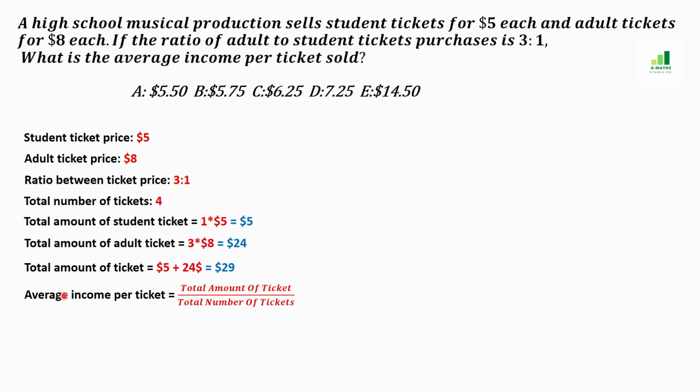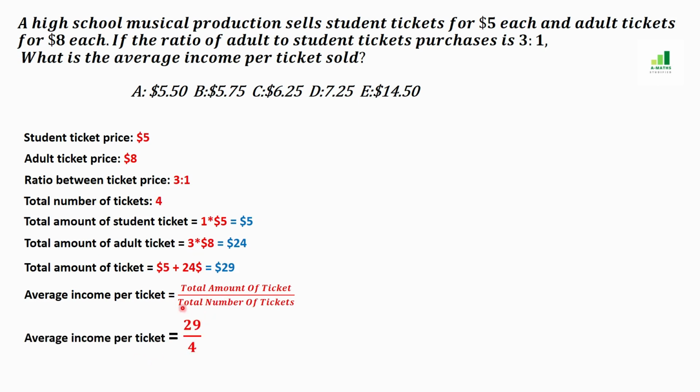Now, our question is, what is the average income per ticket sold? It means our targeted value is the average income per ticket, and we know very well that average is equal to the total amount of tickets, which is 29, divided by the total number of tickets, which is 4.